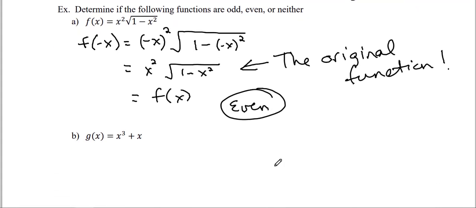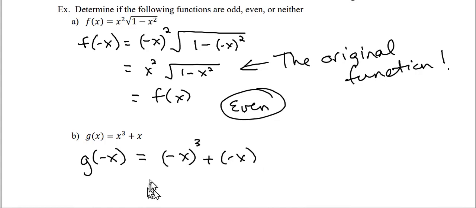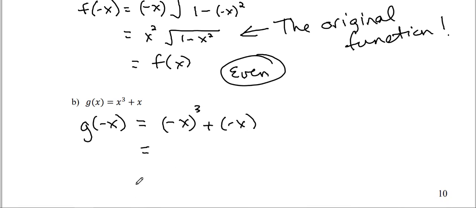Let's try this one. G of negative x is how we determine if this is an even function or an odd function. We replace the x with negative x everywhere we see it, and then simplify. Negative x quantity cubed is the same thing as negative x cubed, right? Because if you cube negative 1, you still get negative 1. And then I have minus x there if I just simplify that plus a negative. If you notice, you factor out a negative here, you get that.